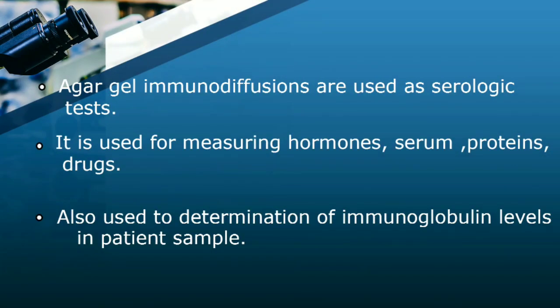Agar gel immunodiffusions are used as serological tests. It is used for measuring hormones, serum proteins, drugs, and many other things. It is also used for determination of immunoglobulin levels in patient samples.